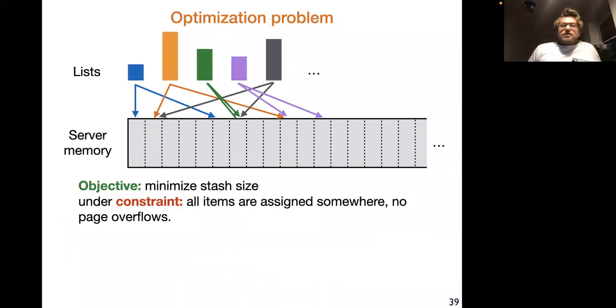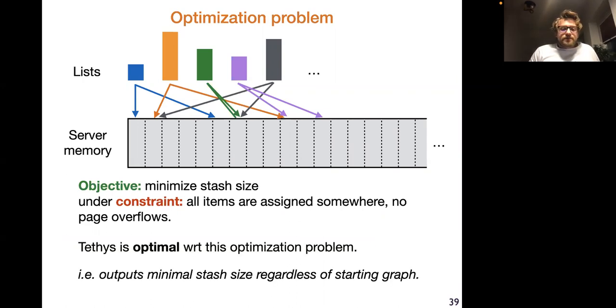And this essentially is a graph optimization problem. So what you want to do is minimize the stash under the constraint that items are assigned somewhere, and that no page overflows. And worst case, you just assign items to the stash.